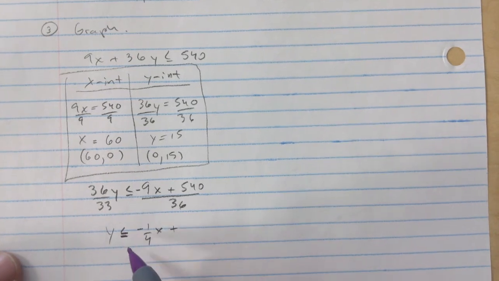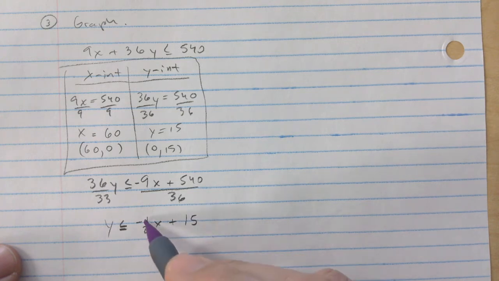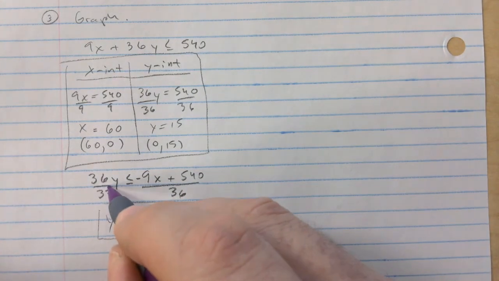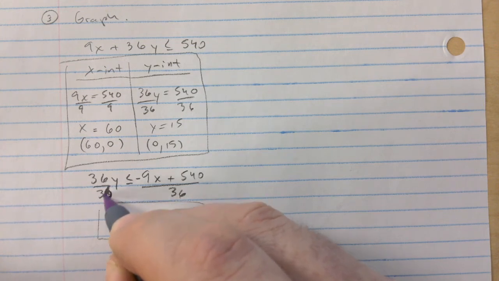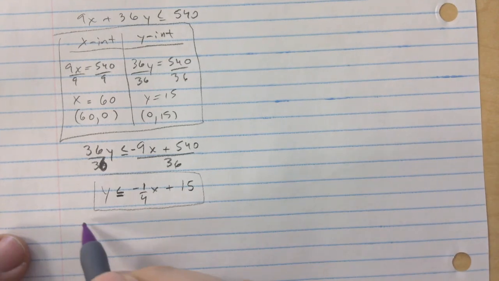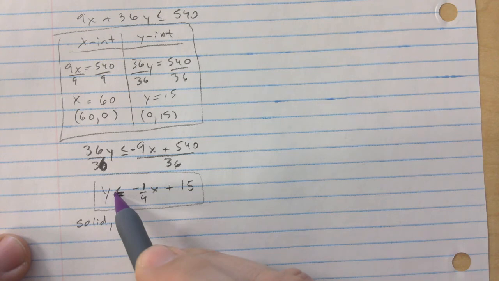So thanks for catching that. Plus 15. If you want to leave this at negative 9 over 36, go for it. There's nothing wrong with it. Is it Friday? I don't know. It seems like it's Friday based on my mistakes. That's how it goes. Oh my goodness. Solid. True region is below, so we shade above.